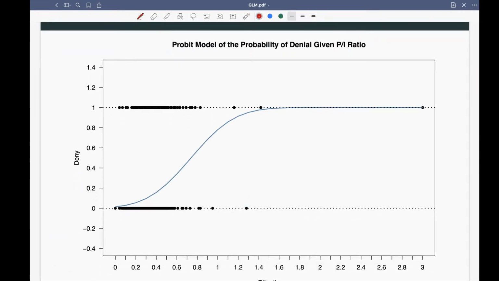So in the Probit model, we can find it's between 0 and 1, so no value is greater than 1 or less than 0. So this result is valid. It makes sense.